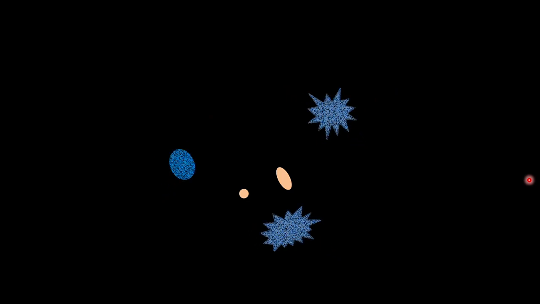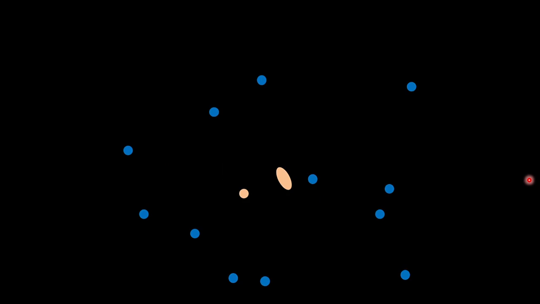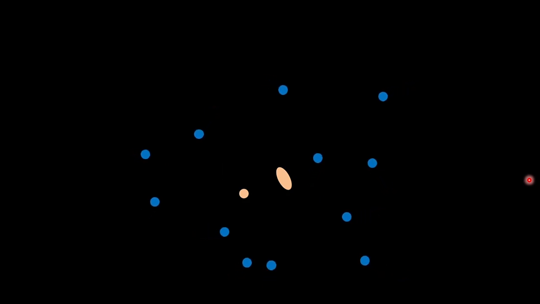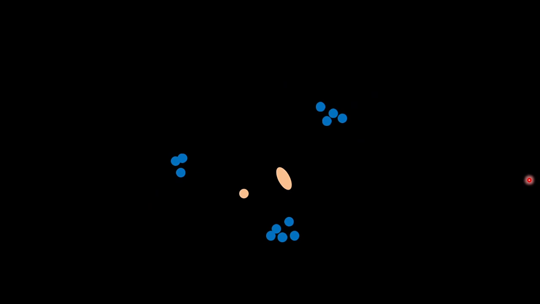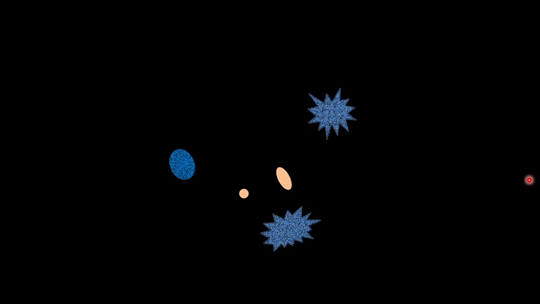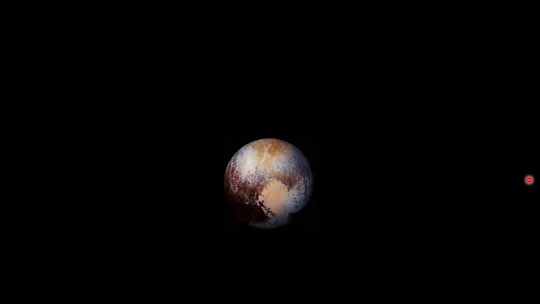And then those little tiny chunks of ice can join together, can accrete with any little bits of dust and rock that are out there, and can form the icy, dirty snowballs of Pluto and the other trans-Neptunian objects.